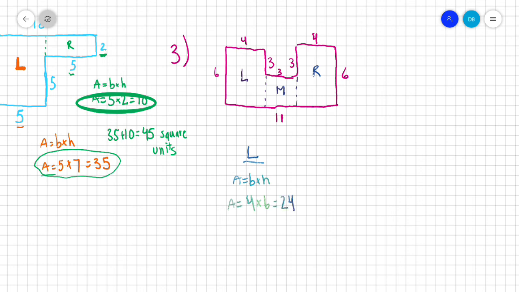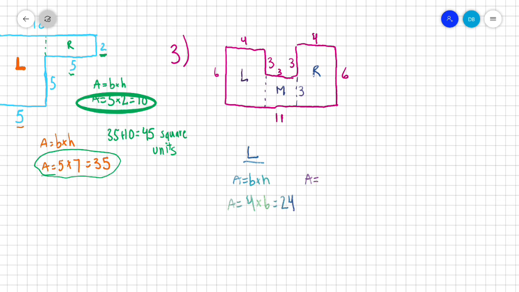Middle is going to be 3 times 3. So the middle is 3 times 3, which equals 9. This is middle. And right is another 4 by 6.